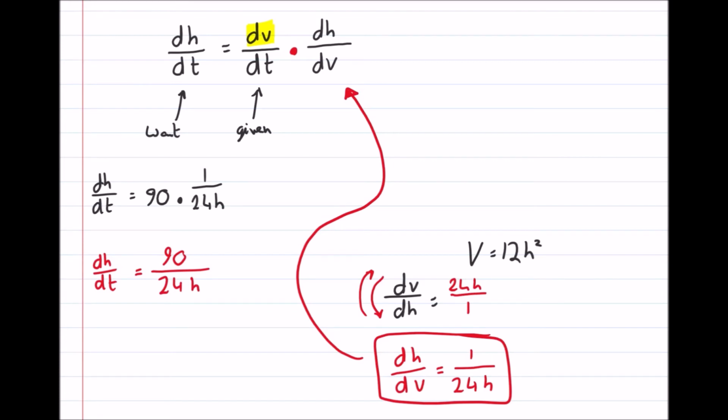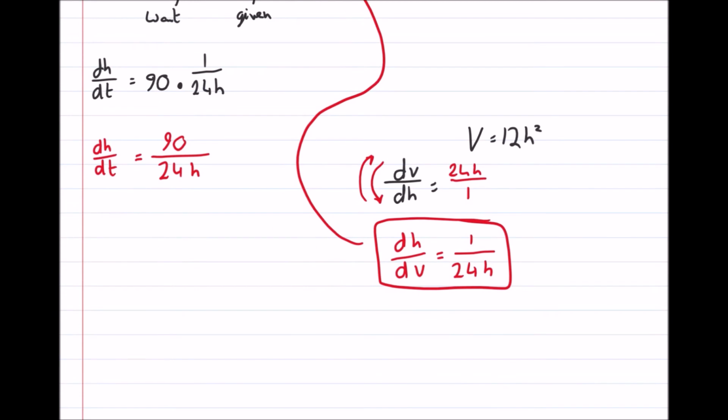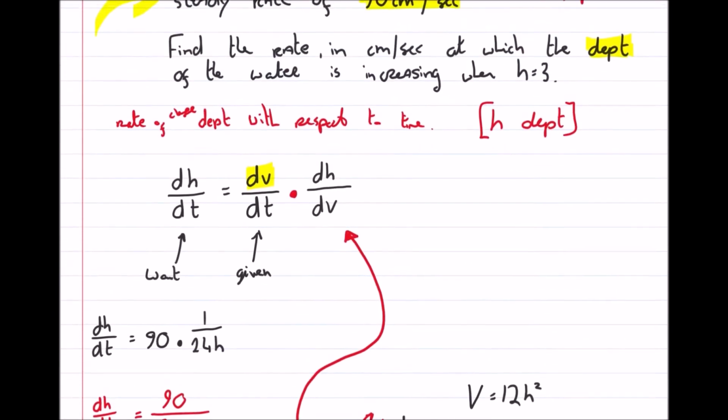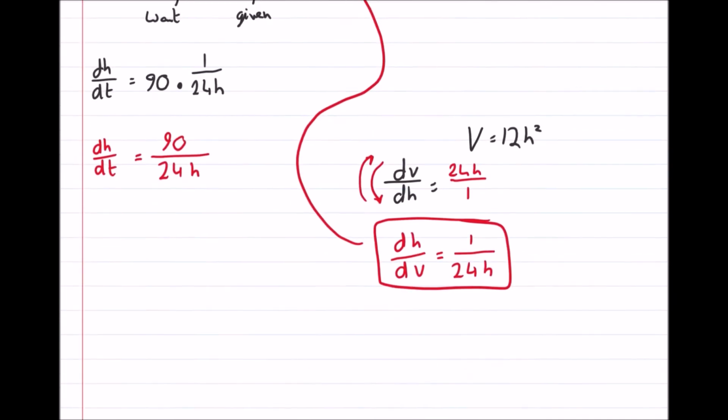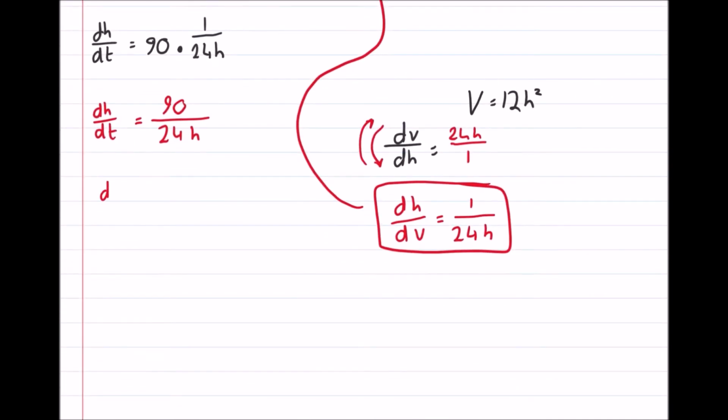So there's my formula that would give me the rate of change of the depth in relation to the time. And to answer my question, I want to find the rate of change when the depth is 3. So put in 3 here. 90 over 24 multiplied by 3. And that will give me 5 over 4 centimeters per second.